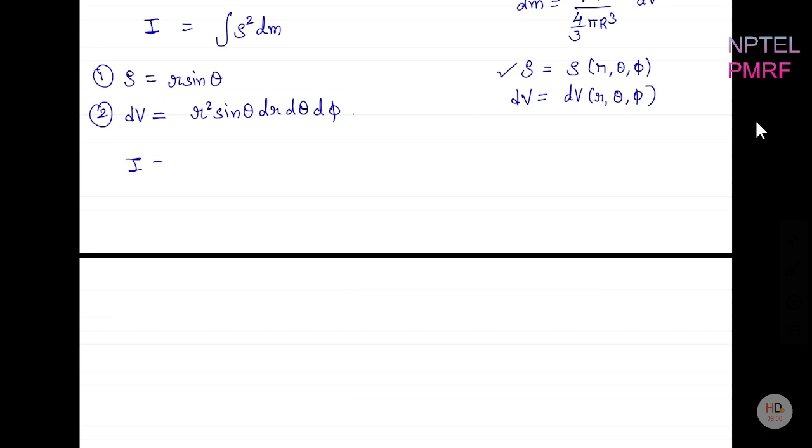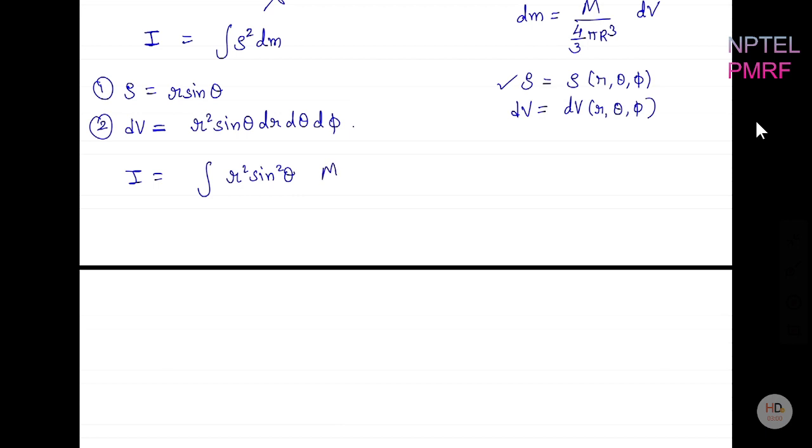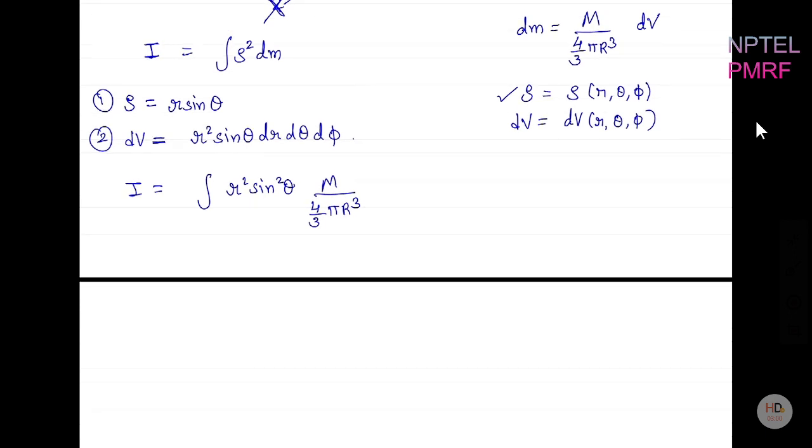So I is equal to the integral of r square sine square theta, then dm is m by 4 by 3 pi r cube, and dv is r square sine theta dr d theta d phi.